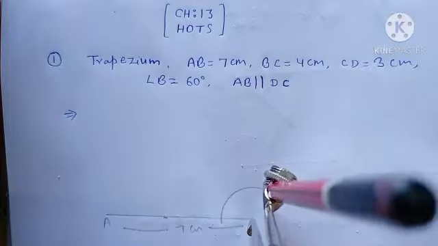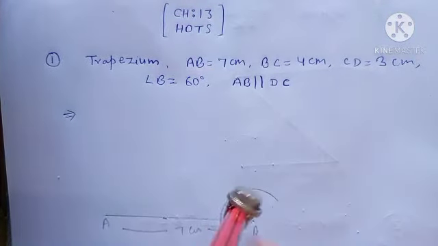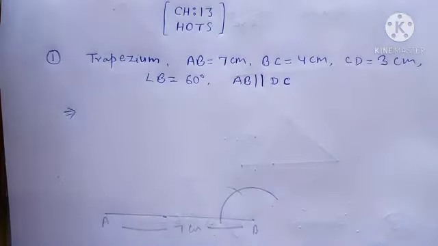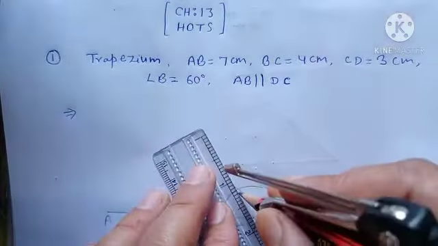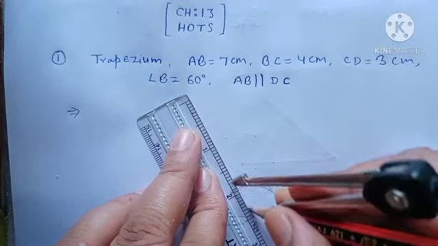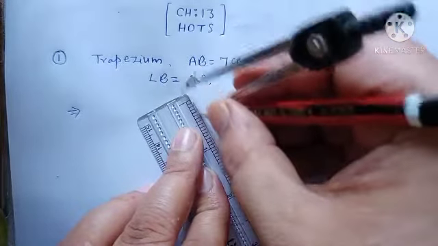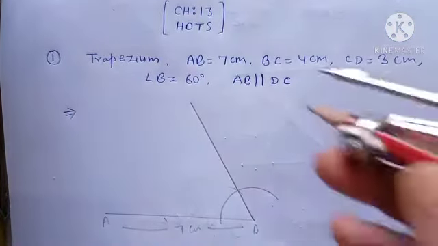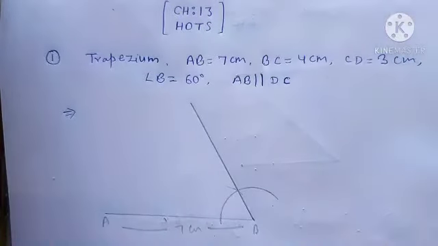So we will draw an arc and we will cut this arc, and now join B to the point of intersection. Okay, now BC is given. BC is 4 centimeter.